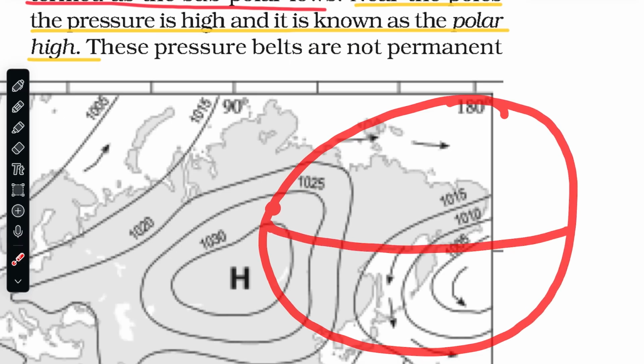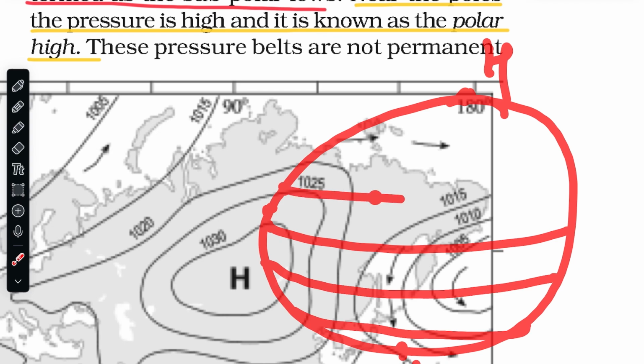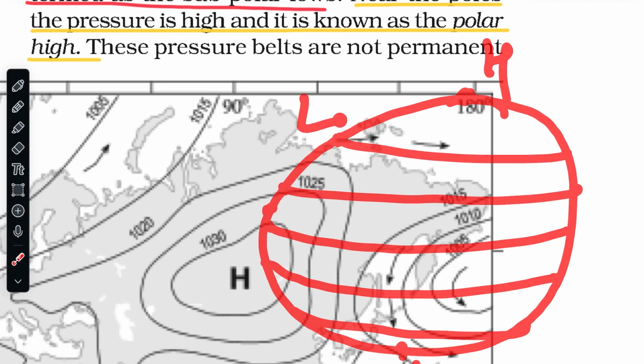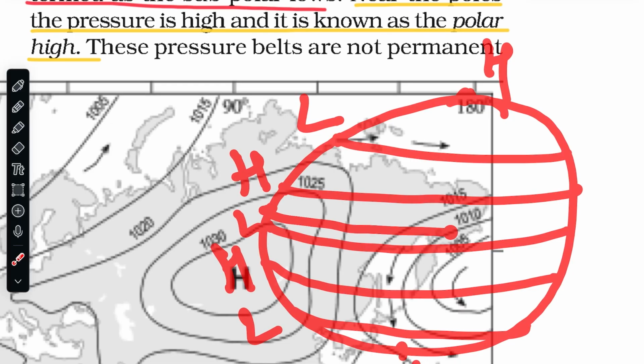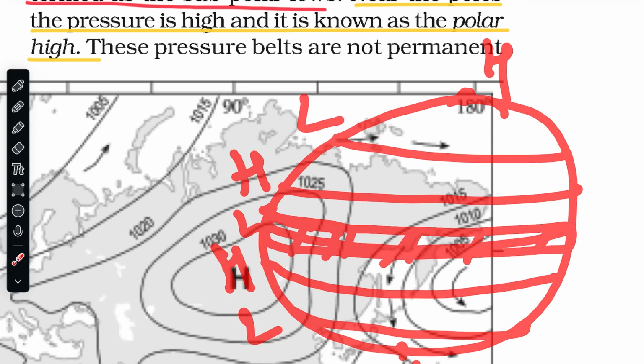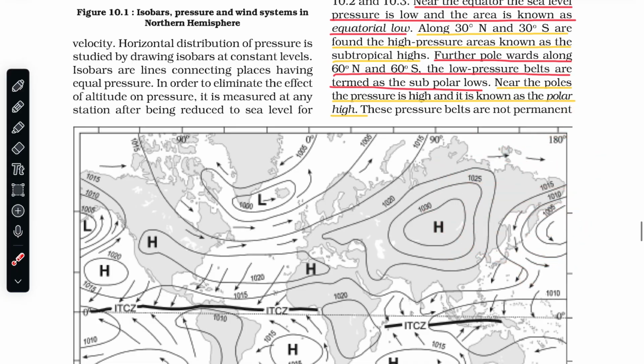These are the poles which have highs, then 30 degrees, then 60 degrees, 30, 60. So this has lows, subpolar low, these are subtropical high, and this area is the intertropical convergence zone, which is the equatorial low, 0 to 5 degrees.